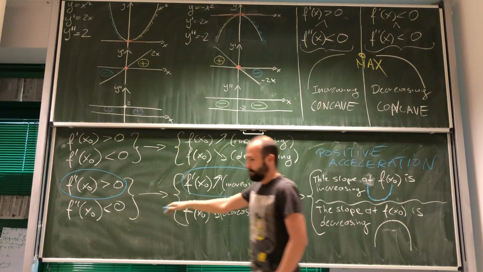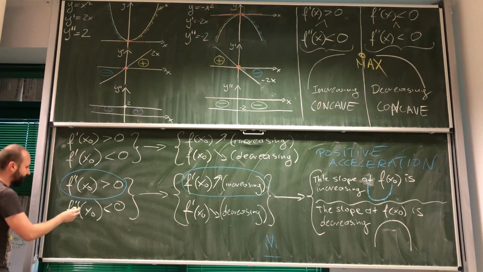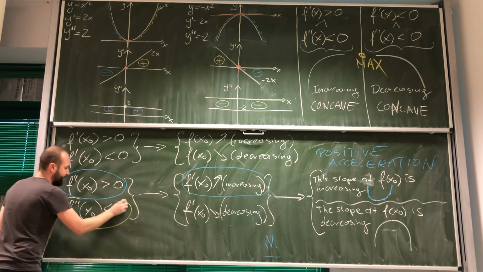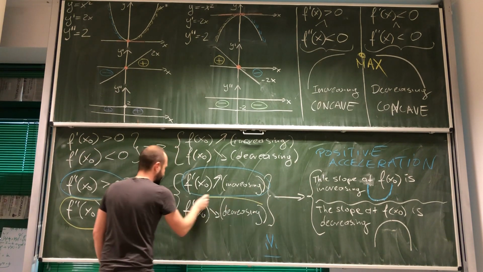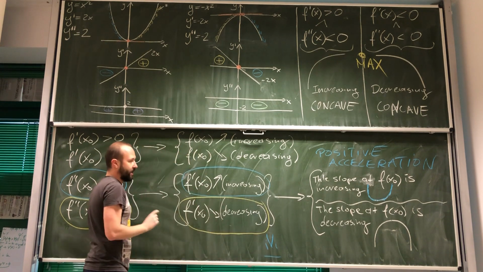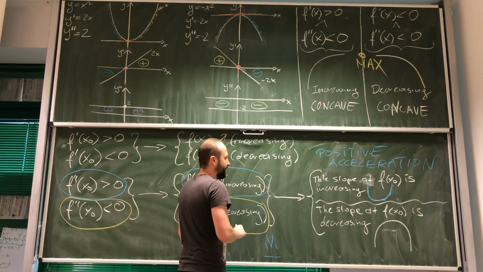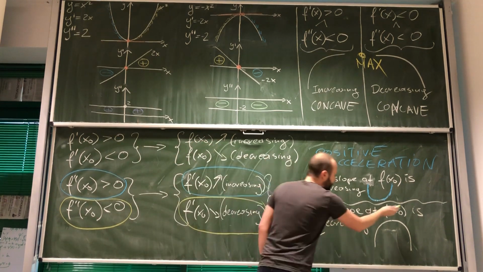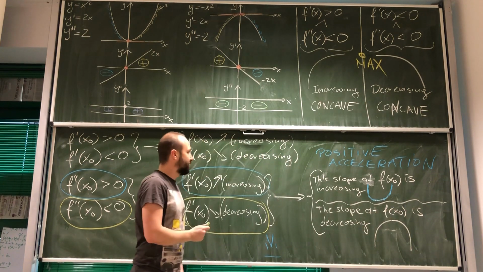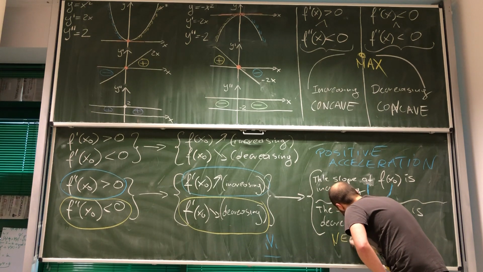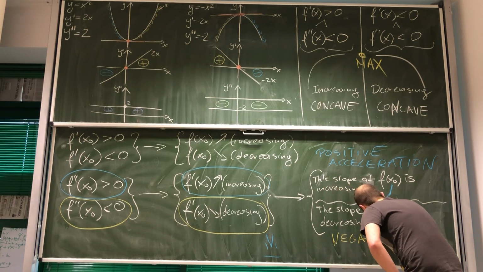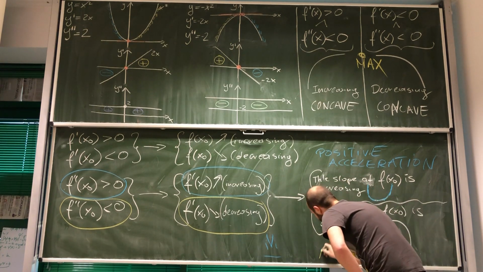And again, over here, if the second derivative is negative, it means that the first derivative is decreasing, and if the first derivative is decreasing, the slope of the function is decreasing, which means we've got negative acceleration.